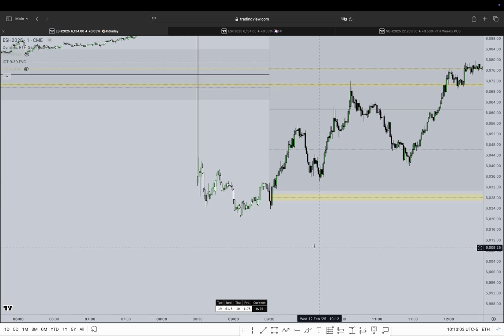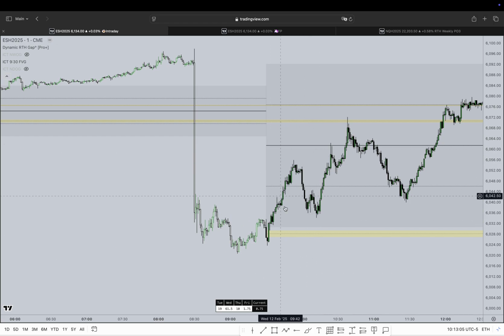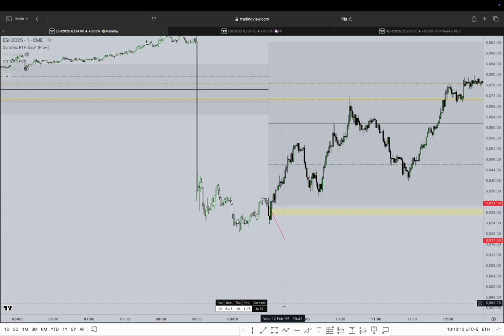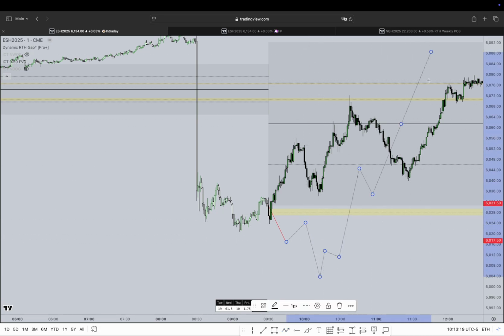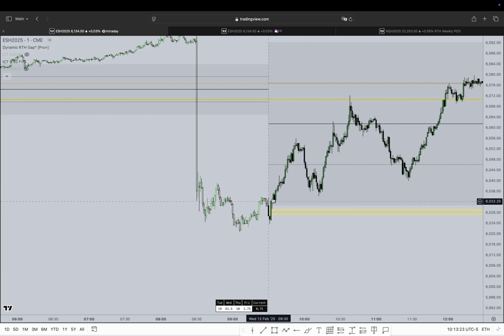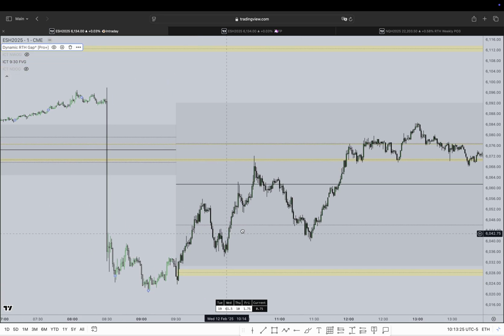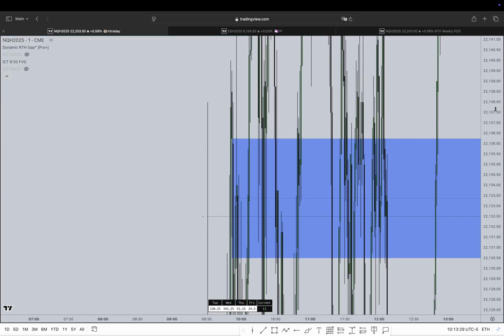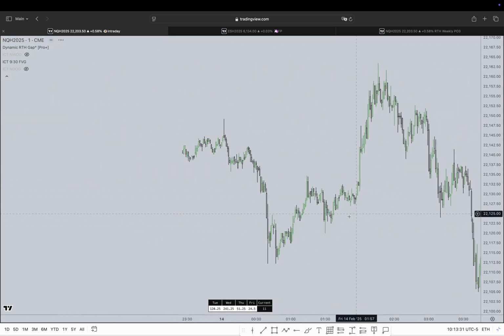I was expecting a deception, but with a little bit more of a move like this. Look, I wanted to see something like this, but I was not expecting a fast reprice of the rebalance of the regular RTH gap. But yeah, this was.